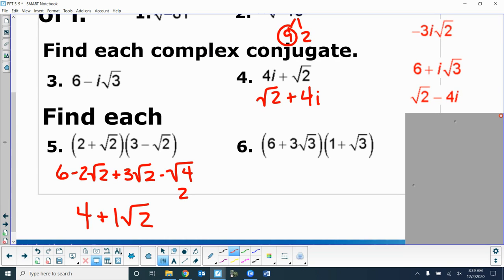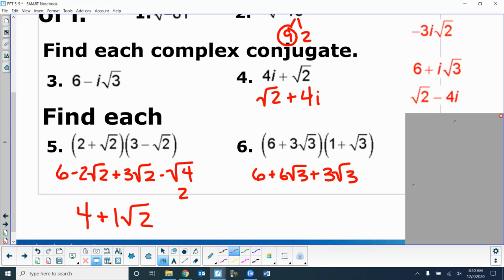Those are like terms. Make sense to you? That's something you should be able to do, right? Then this one would be 6 times 1. 6 times radical 3 for outside. Inside, radical 3, 3 radical 3 times 1 is 3 radical 3.